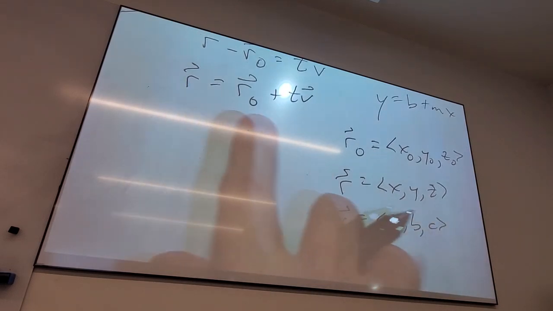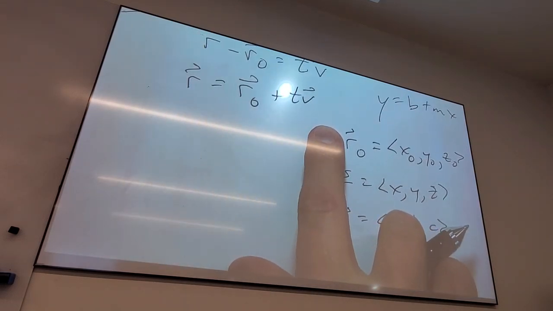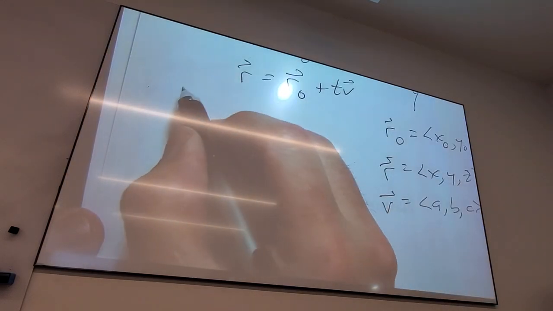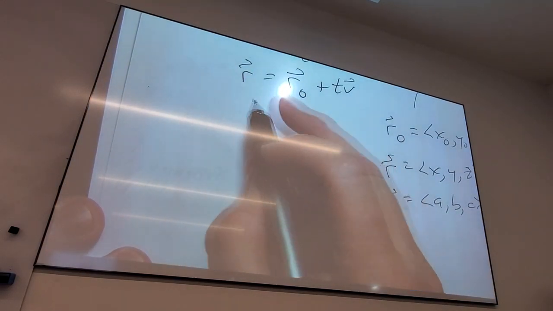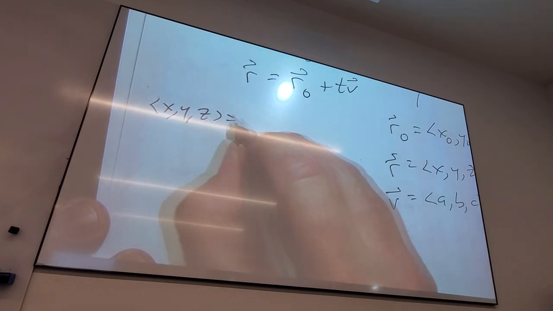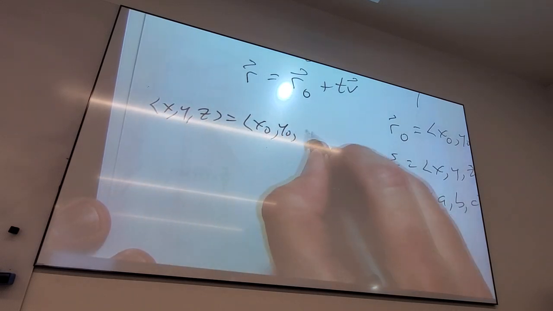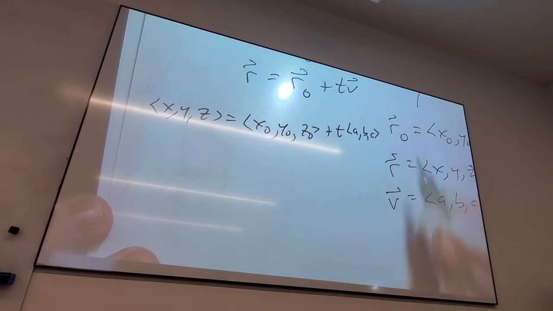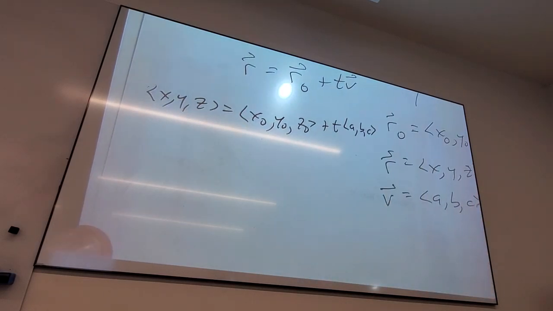So how would this look in parametric form? Let's write this out in full vector form. First off, this will be x y z equals x naught y naught z naught plus t times a b c. Can you look at just the first components?